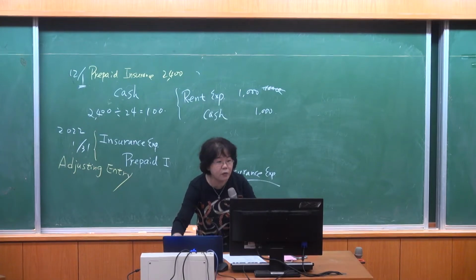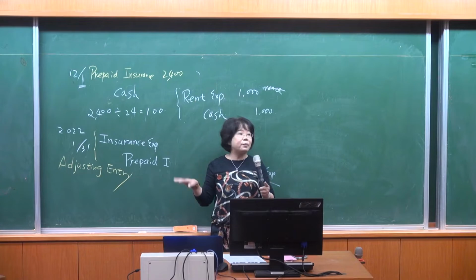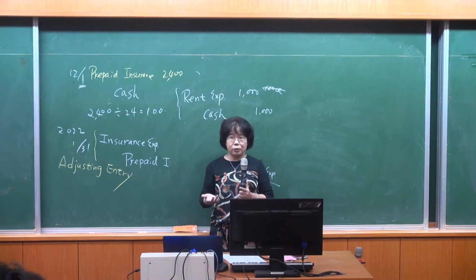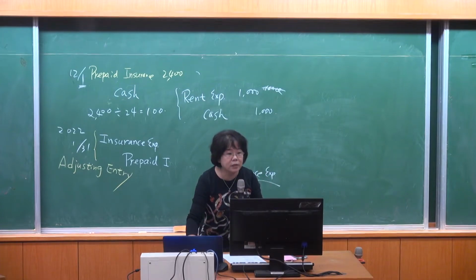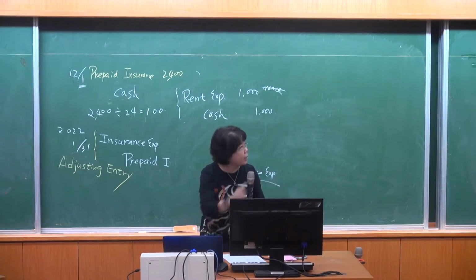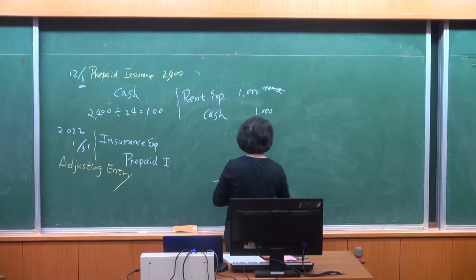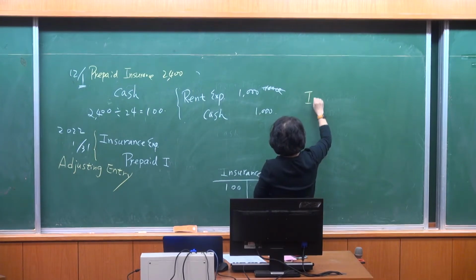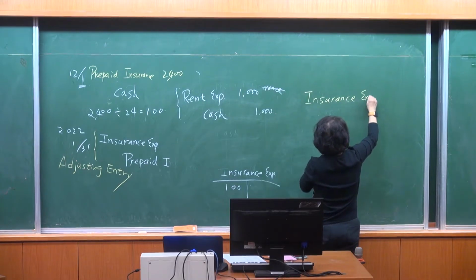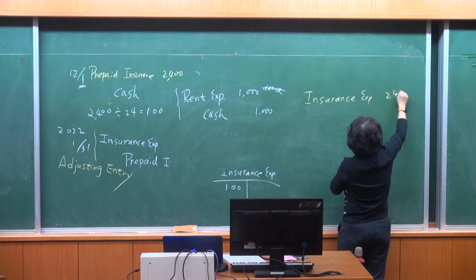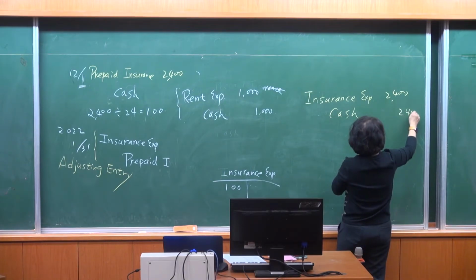But if you are using the cash basis, then you will not be balanced and will be biased. 会有错失 because if you are using the cash basis, the first day you pay for $2,400, then that will be like this. The insurance expense, this amount, and the cash, this amount.